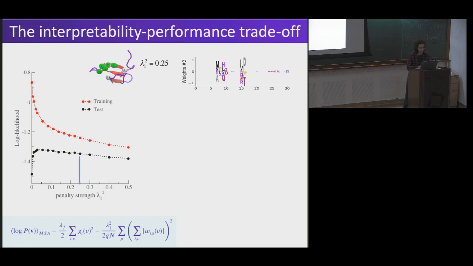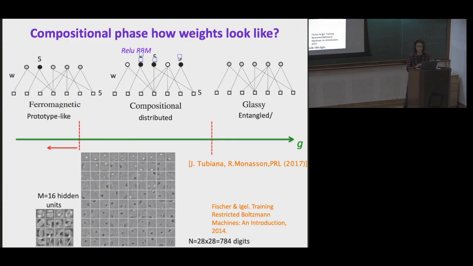So going back to weights, I will try to convince you that these weights are really interpretable. So let's start with the weights you obtain on the MNIST data sets. So these are the weights for all the possible digits.